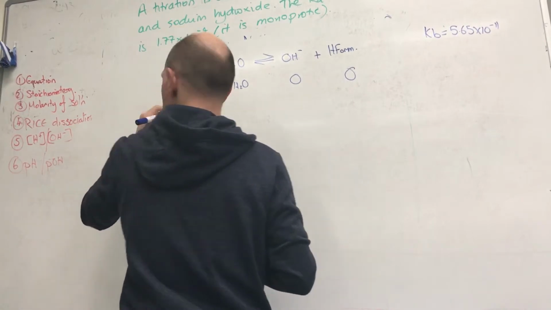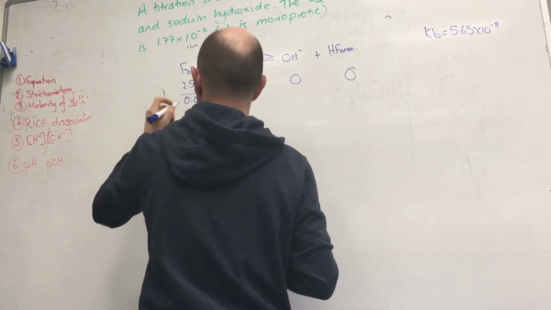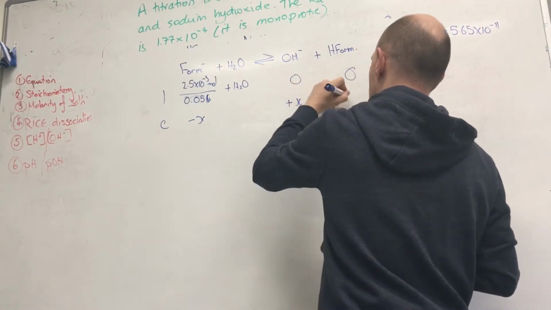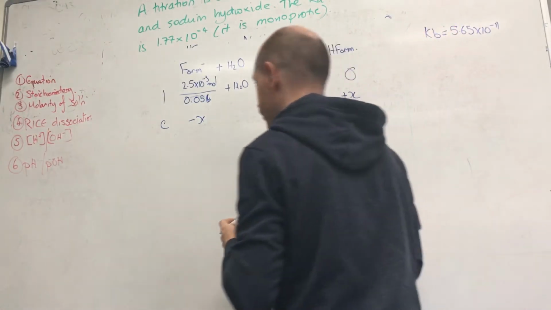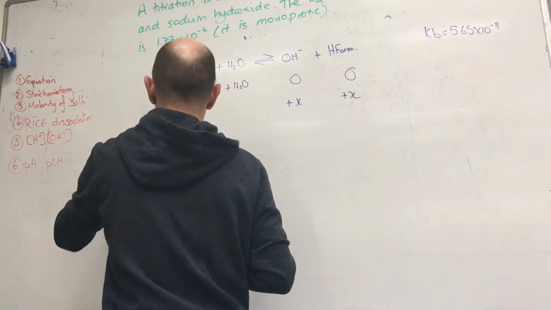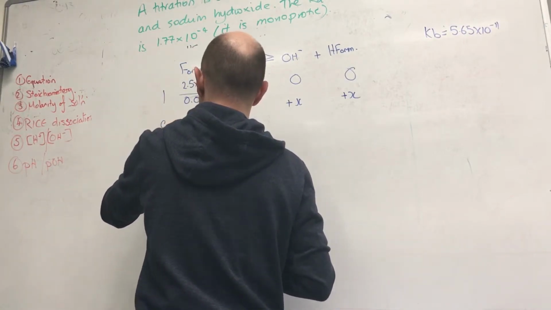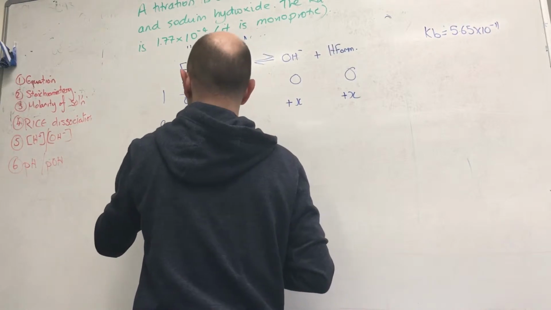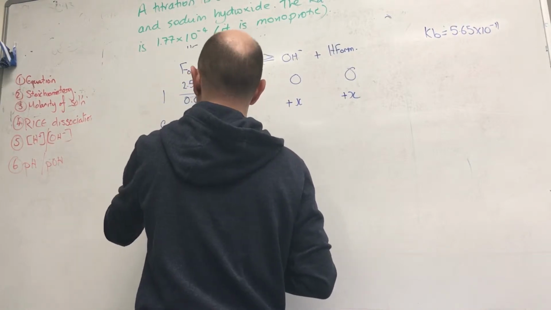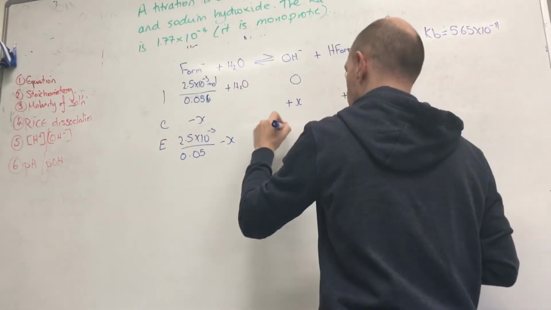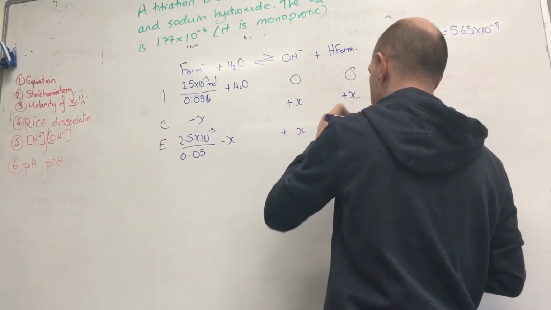Our change is minus x, so take x away from this, add x, add x. So at equivalence point, we then have 2.5 times 10 to the minus 3 over 0.05 minus x, plus x, plus x.